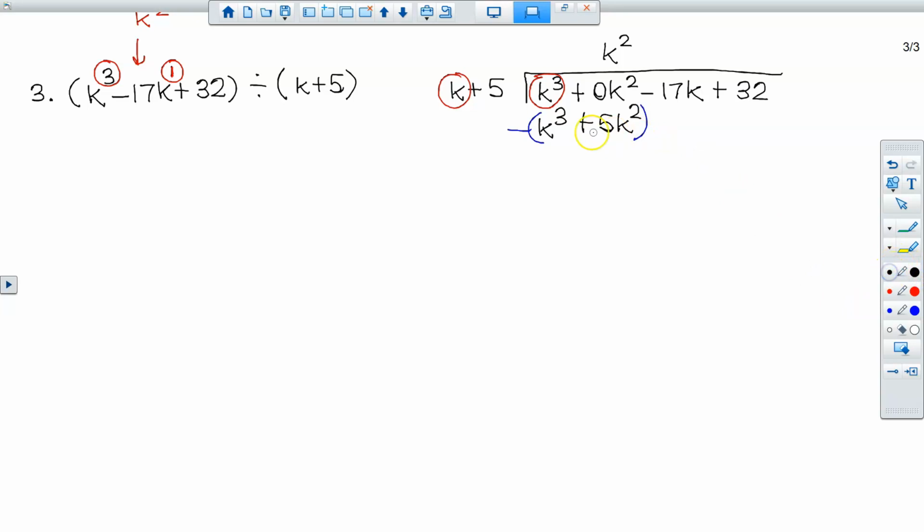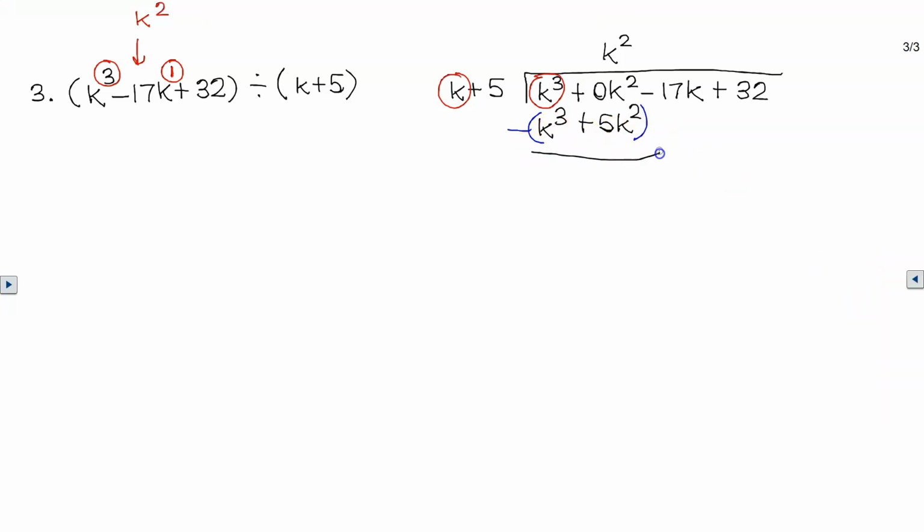And remember, you are subtracting both of those terms. So you're doing k to the third minus k to the third. Zero's out. And then you're doing 0k squared minus 5k squared. 0 minus 5 is a negative 5. So we get a negative 5k squared.